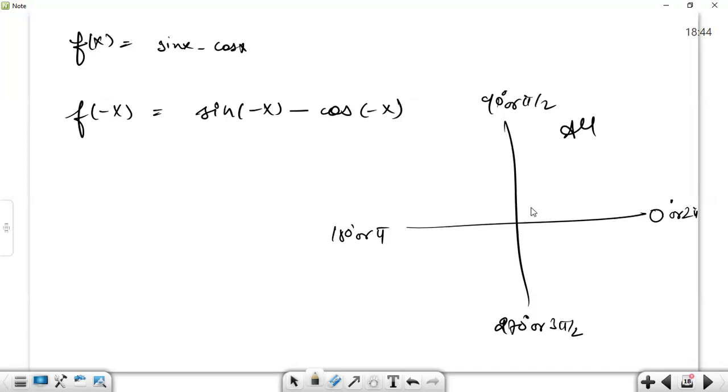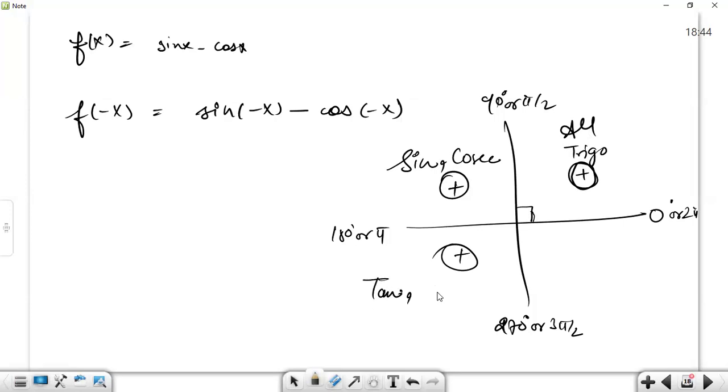So in this quadrant, from angle 0 to 90, all trigonometric functions are positive. In this, sine and cosec functions are positive. In this, tangent and cotangent functions are positive. In this, cosine and secant functions are positive.